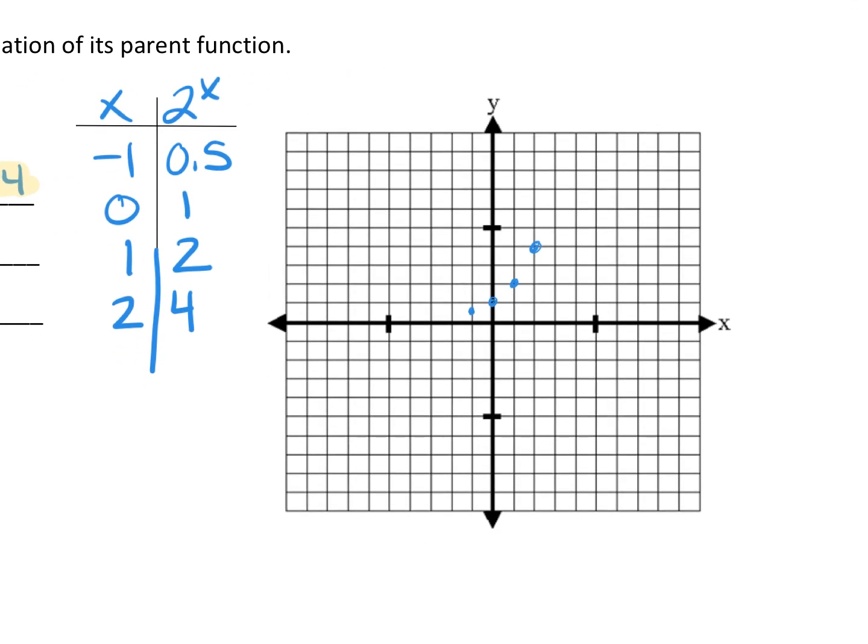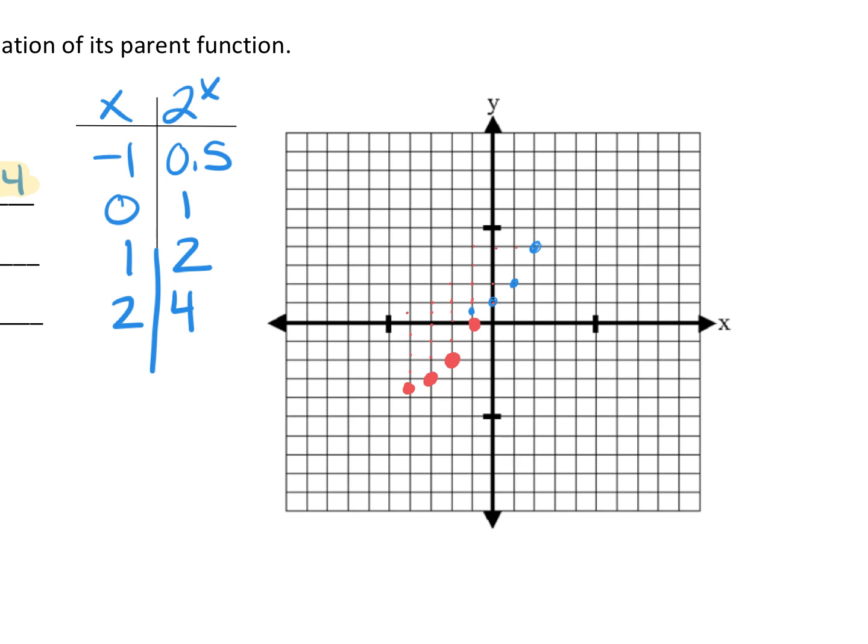So this point is going to go left 1, 2, 3, and then down 1, 2, 3, 4. And each of the other points is the same: left 1, 2, 3, down 1, 2, 3, 4.